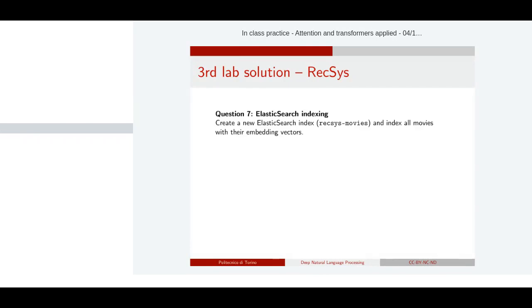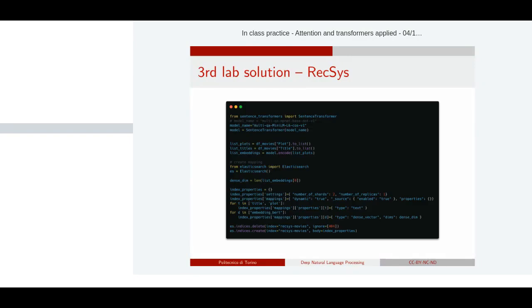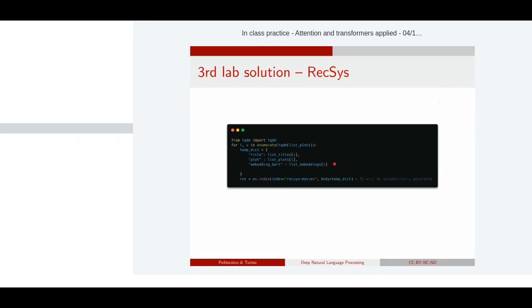Once the information about the movies is indexed, we can query. First we iterate over the documents, create a document, and index it on Elasticsearch.